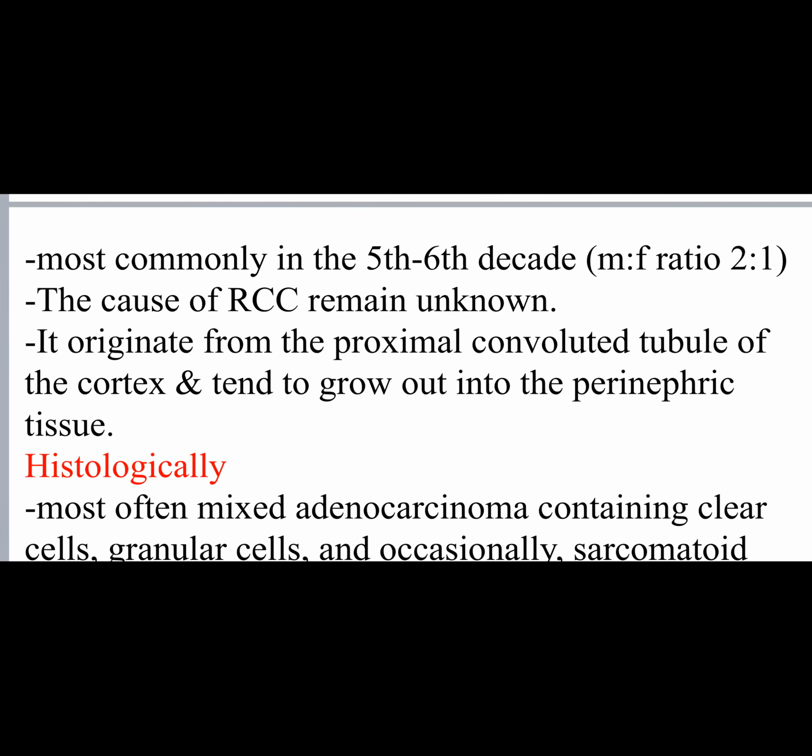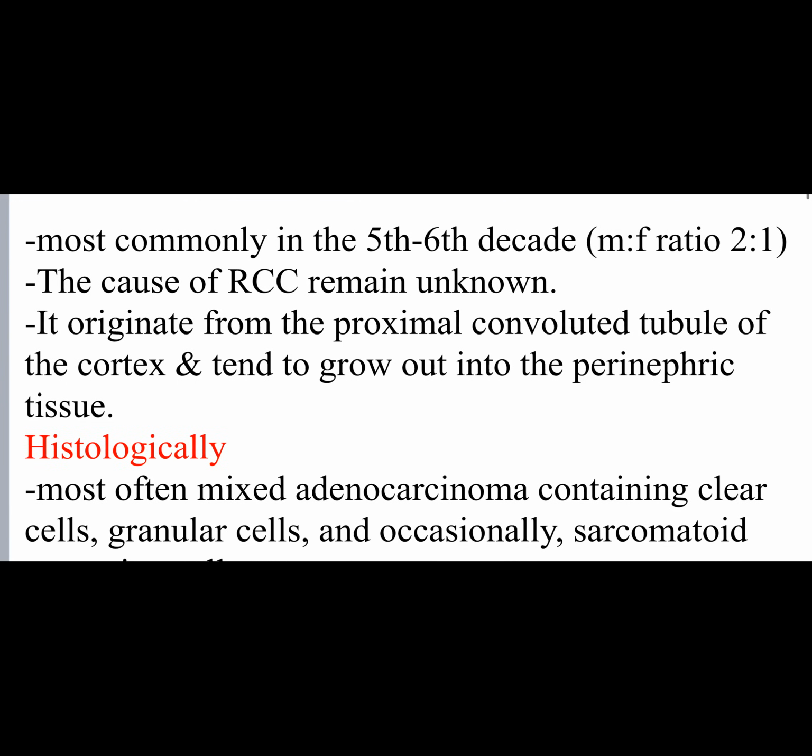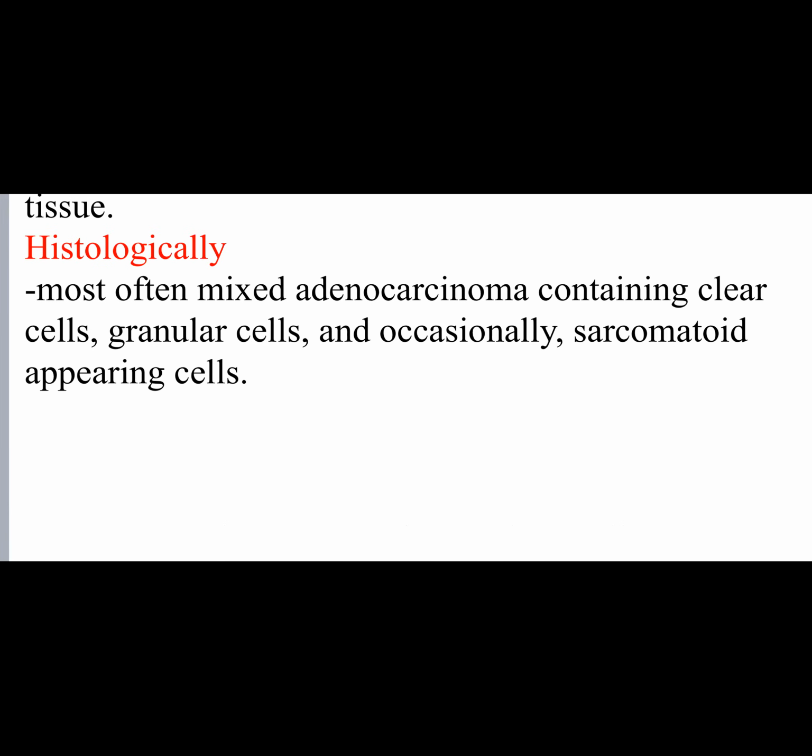The cause of RCC remains unknown. It originates from the proximal convoluted tubule of the cortex and tends to grow out into the perinephric tissue. Histologically, it is most often a mixed adenocarcinoma containing clear cells, granular cells, and occasionally sarcomatoid-appearing cells.